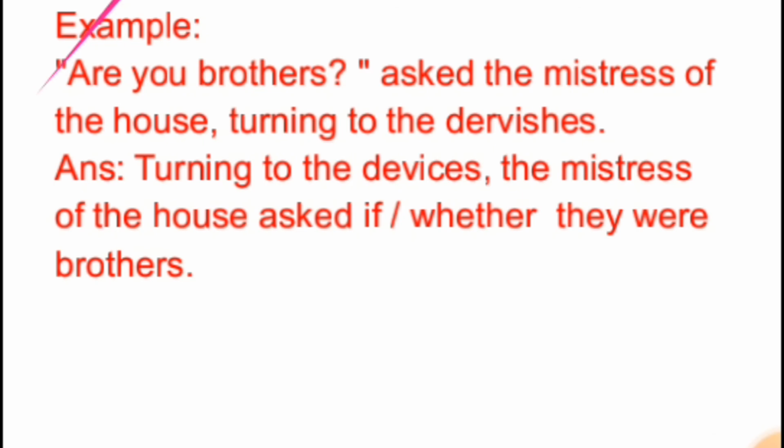So at first, if we want to convert it into indirect one, we have to bring the phrase first. Here, turning to the dervishes would be the first one. So we can write here, turning to the dervishes, the mistress of the house asked if or whether they were brothers.